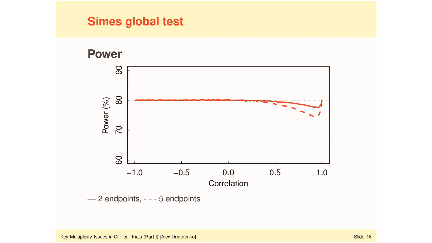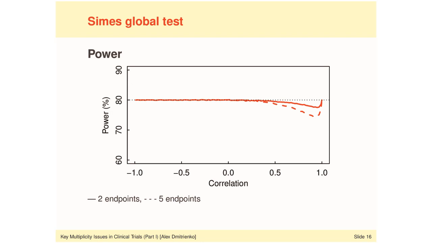And since the SIMS test is not guilty of overcorrection, so to speak, it should not be surprising that the power curves for the SIMS adjustment look much more attractive compared to the Biopharmaceutical procedure.